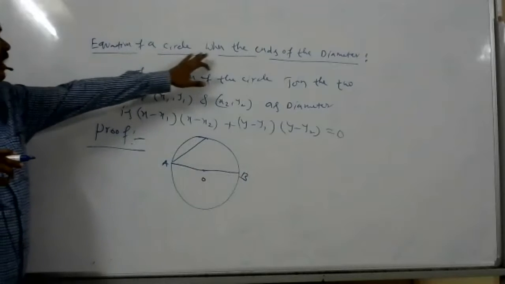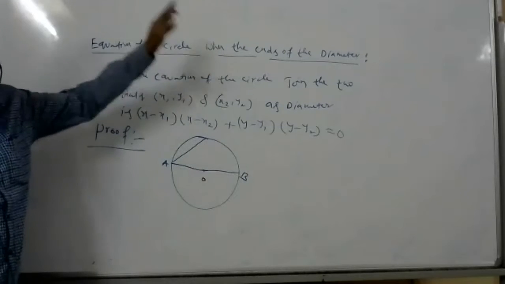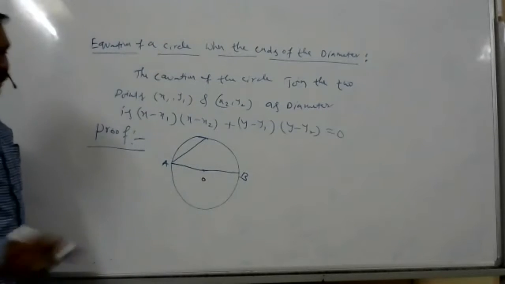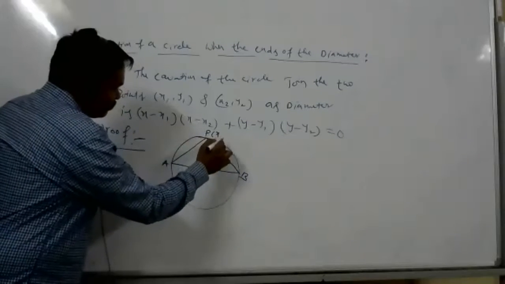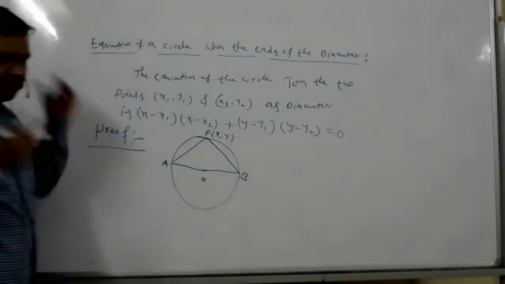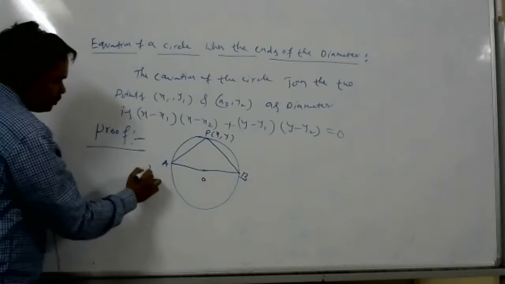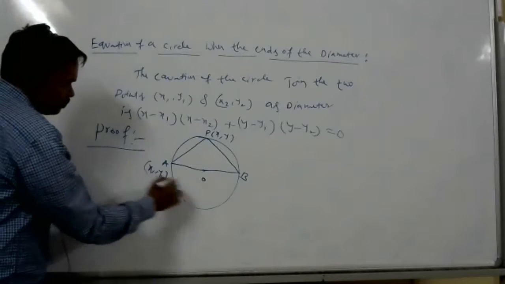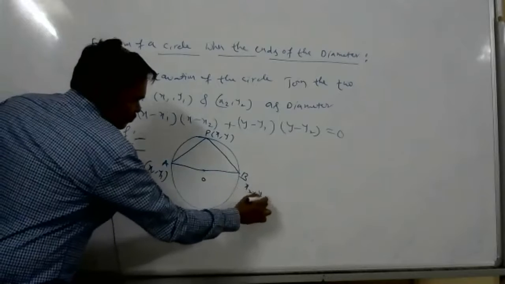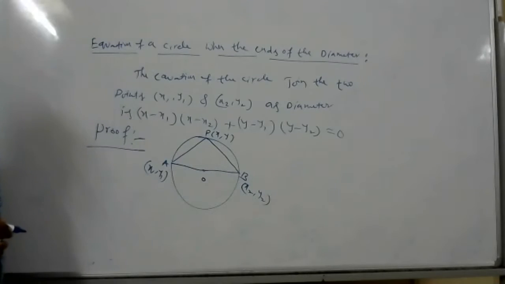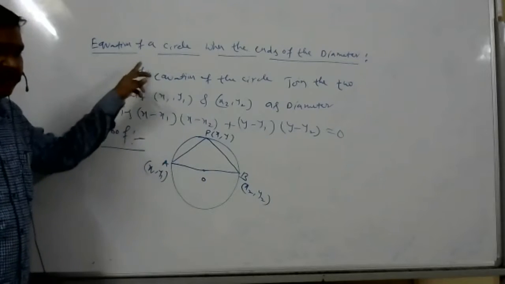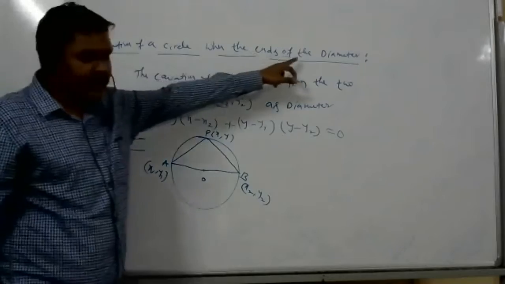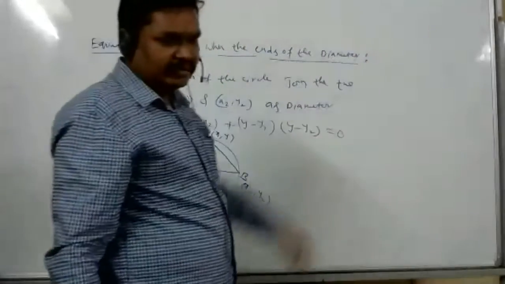Equation of a circle when the ends of the diameter are given.